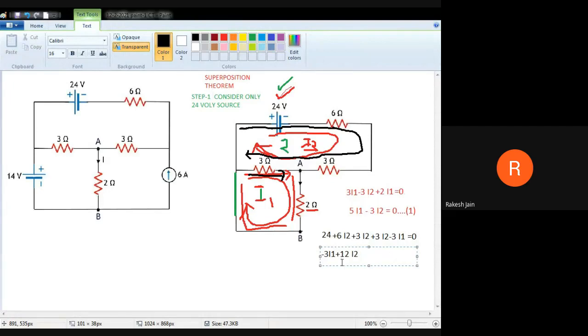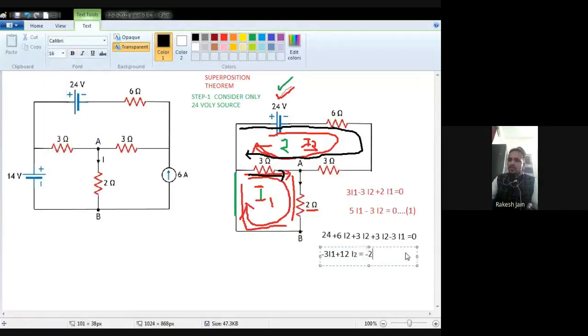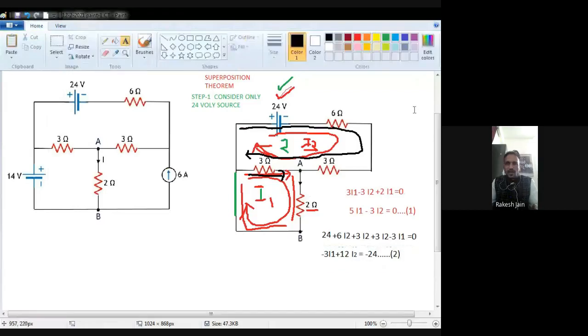So 3I1 minus 3I2 plus 2I1 equals 0 is my equation number 1. I can simplify it. So 3I1 plus 2I1 is 5I1, minus 3I2, and that is equal to 0.